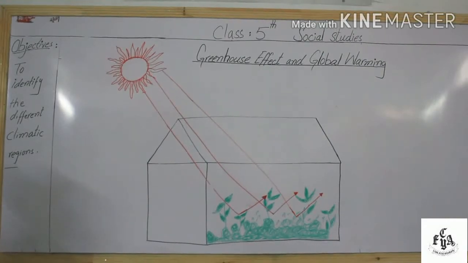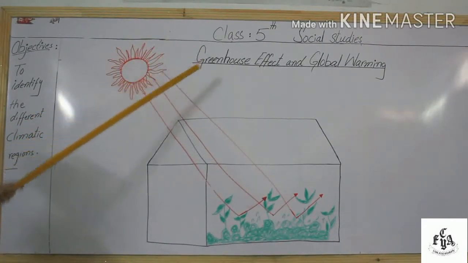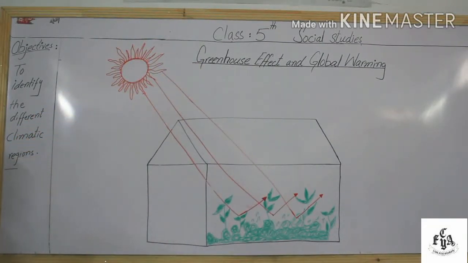Okay, our next topic is greenhouse effect and global warming. If you have seen a nursery of plants while going to school, you might have observed that the saplings are kept in rooms made of plastic sheets. These rooms are called greenhouses. In fact, the sun rays entering these rooms are trapped inside, due to which the temperature of the rooms is increased. This is called the greenhouse effect.